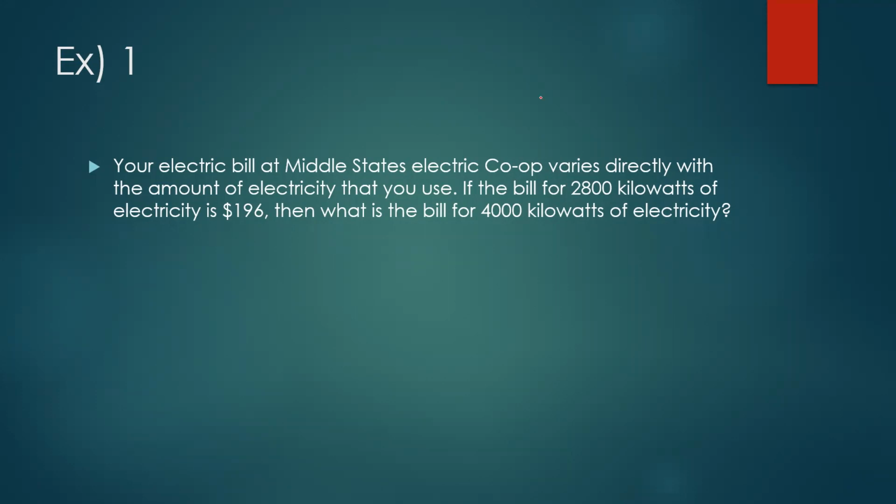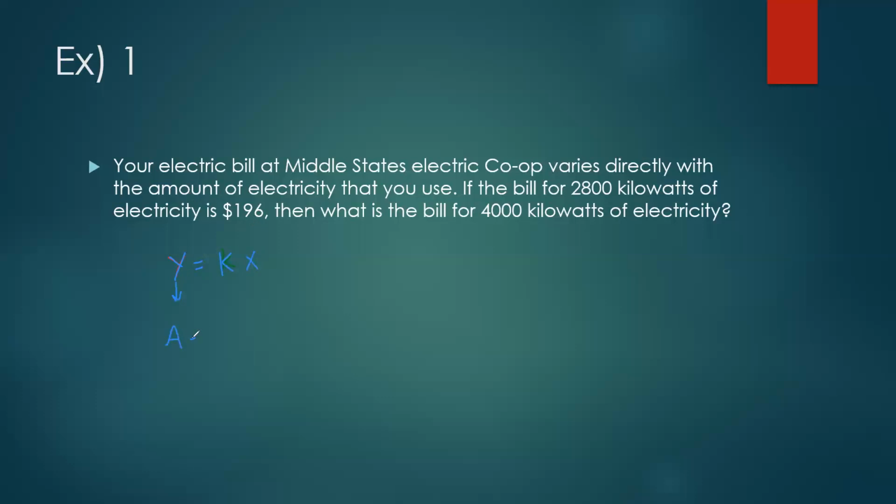So our direct variation would be y equals k times x. This is our equation, but we're not going to use y and x.